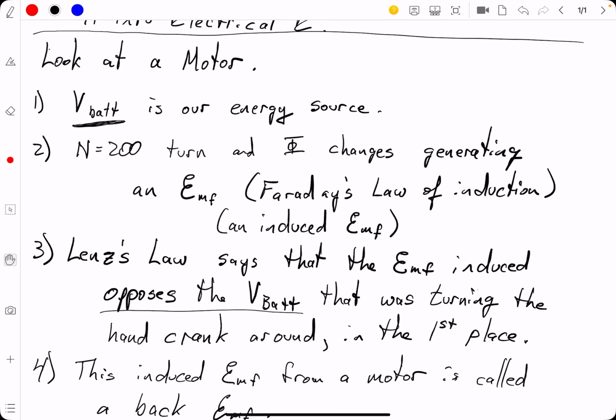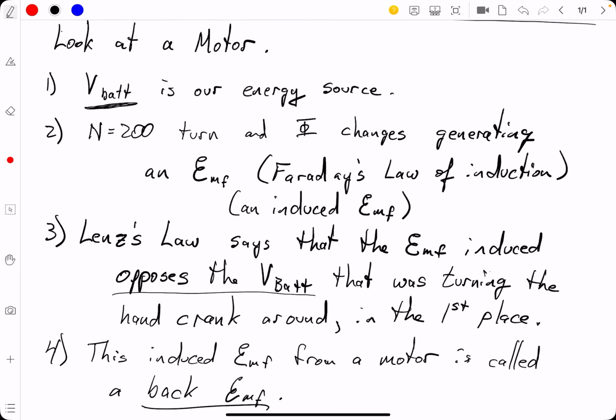So you have this change in your flux because of the spinning, and that change generates another EMF that opposes, because of Lenz's law, our EMF that the battery is sending through.